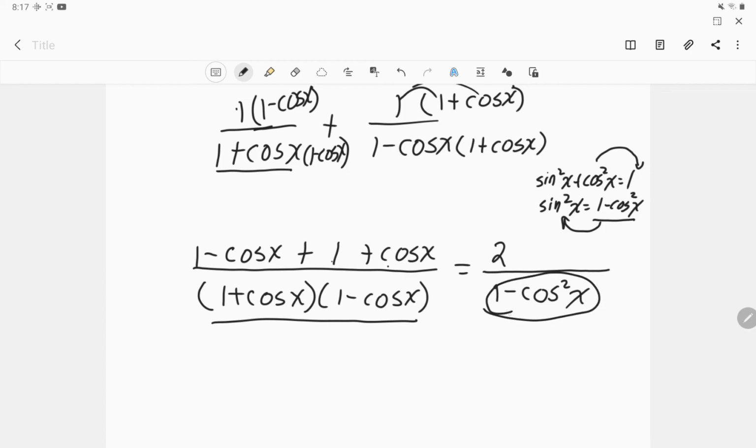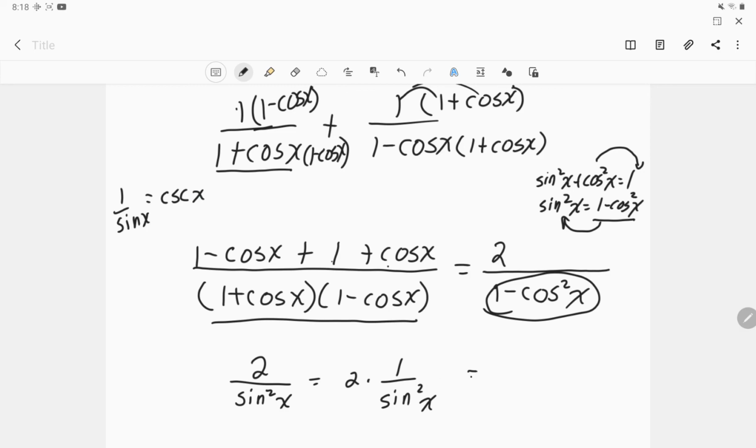So if I have a 1 minus cos squared x, I can replace that with a sine squared. Right here, I have a 1 minus cos squared x, so I really have 2 over sine squared x. Another way to think of that is 2 times 1 over sine squared x. You have another identity that says 1 over sine is the same as cosecant x.